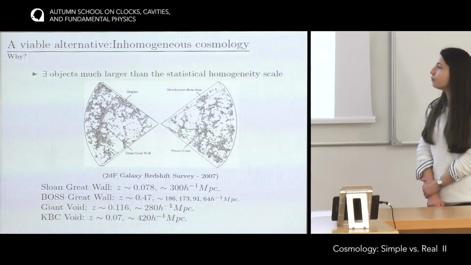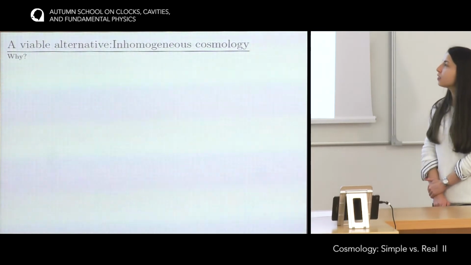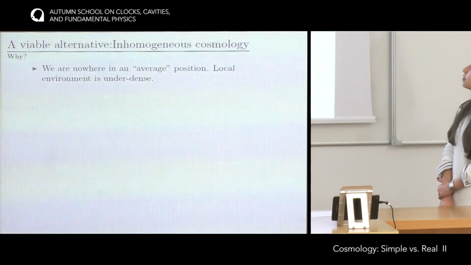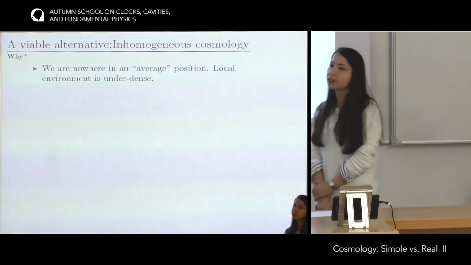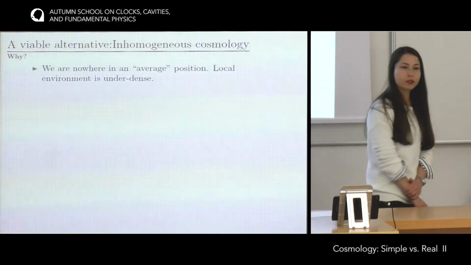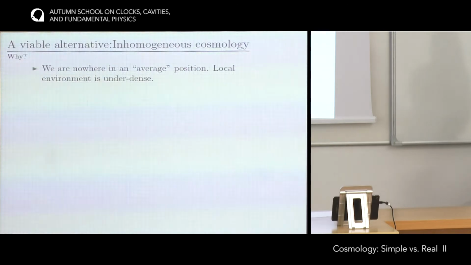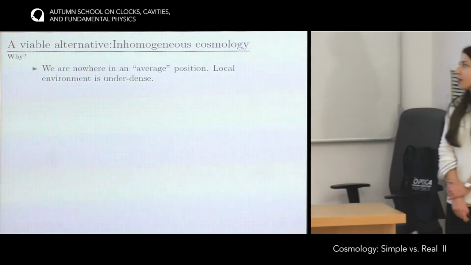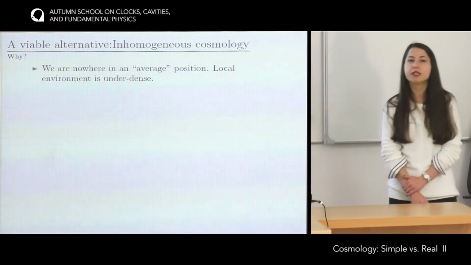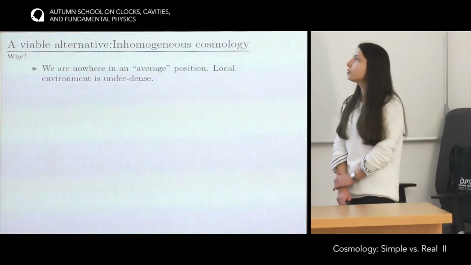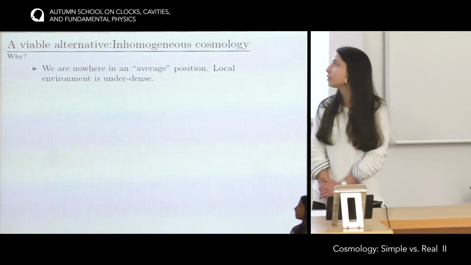This KBC void is important for us, and it is related to the next item, that we are nowhere in an average position. Remember, according to the cosmological principle, we say that the universe is homogeneous and isotropic, and our location is not really special. But actually, we are living in a very underdense region.